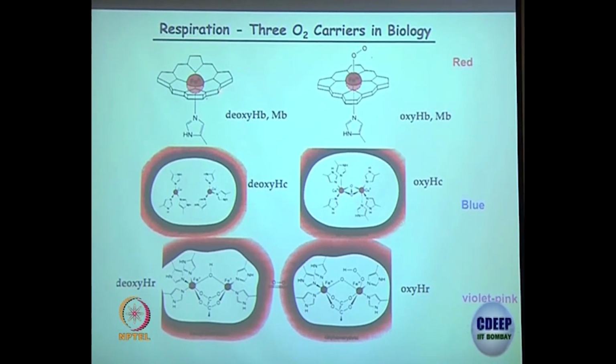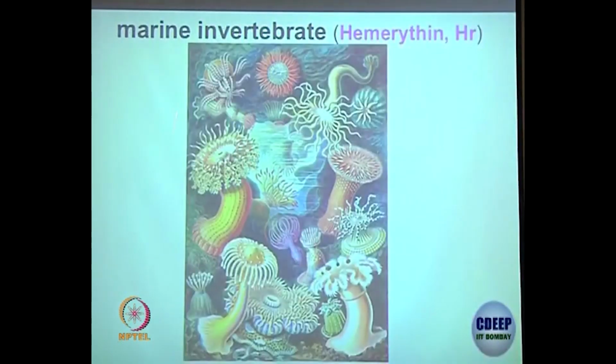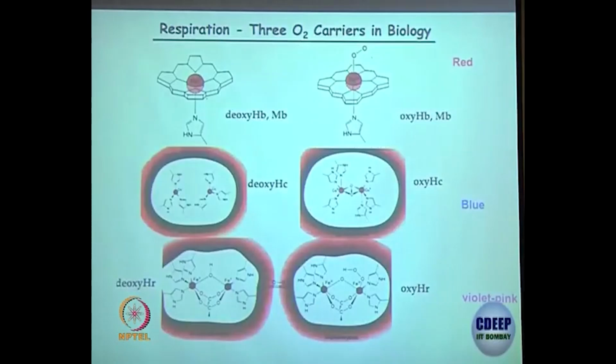In our blood we have this porphyrin iron center. In a lot of other animals, some of these marine invertebrates, they do not have the so-called blood as we see it in red, because of course they have to take up oxygen. All we are saying is these are oxygen carrier proteins.